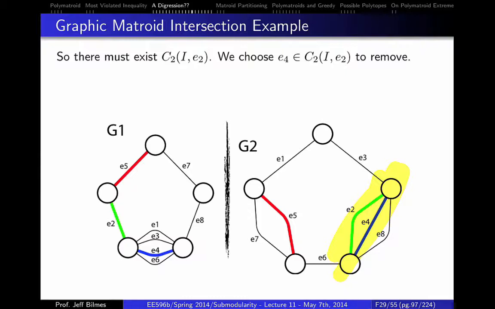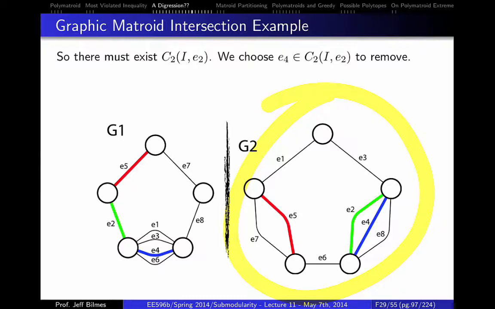So the independent set, here on the right-hand side, consists of the red and the blue, and the new edge is the green. And the fundamental circuit is a subset of the independent set plus E, because the fundamental circuit does not include the red edge.